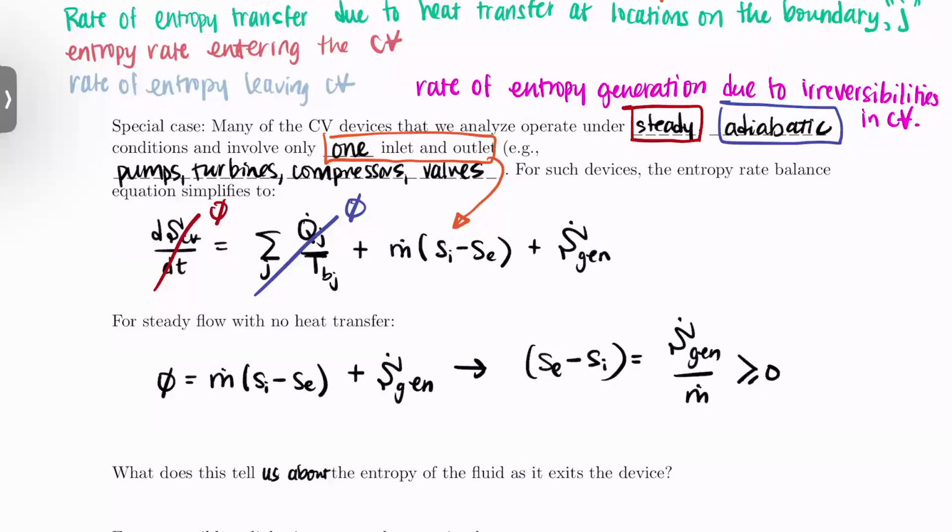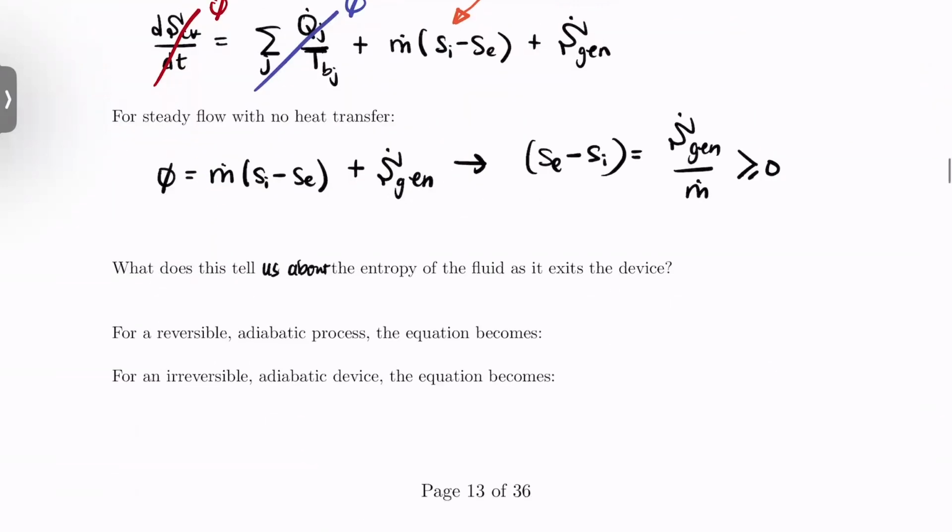Can we say anything about it based on this expression? Yeah. It's greater than the entry. Yeah, so it's going to always be higher than it was when it entered, okay? So we know that s_e is greater than or equal to s_i. So another way to say this is that entropy of the fluid is always going to increase as it flows through the device.